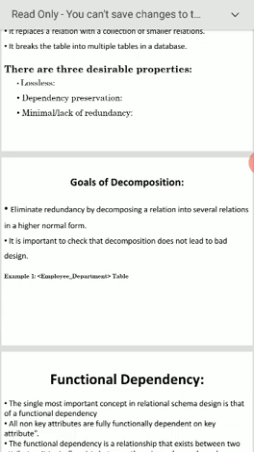If there is redundancy, your decomposition will not be a success. That's why you have to concentrate on eliminating the redundancy. While decomposing the table or database, whatever you want, you have to concentrate on loss of information. You have to concentrate on dependency. You have to concentrate on redundancy.